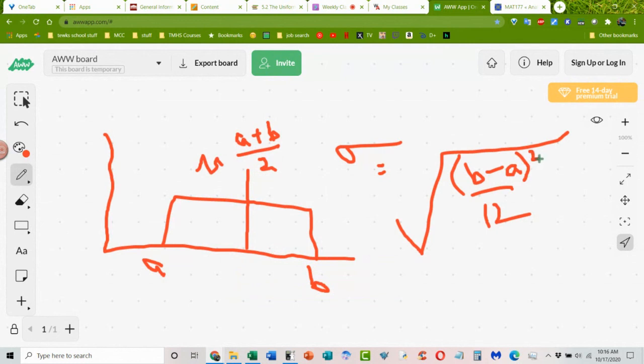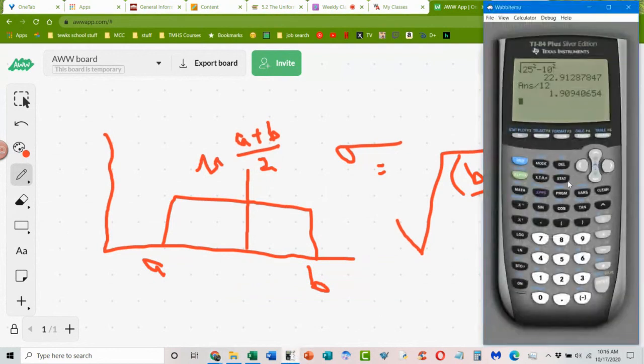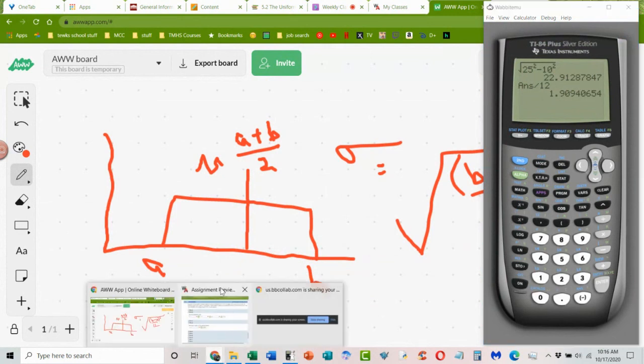I knew there was squaring and subtraction. I just had them doing the wrong thing. So subtract, square it, and then divide by 12. I knew something was wrong, but I couldn't figure out what.